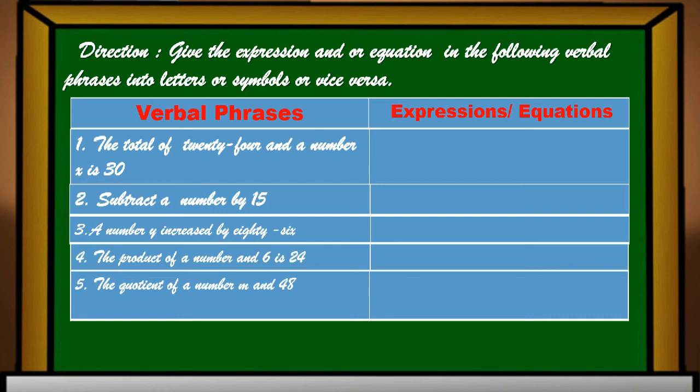Okay, now let us answer. Number 1, 24 plus x equals 30. Number 2, 15 minus n. 3, y plus 86. Number 4, n times 6 equals 24. And number 5, m equals 48.